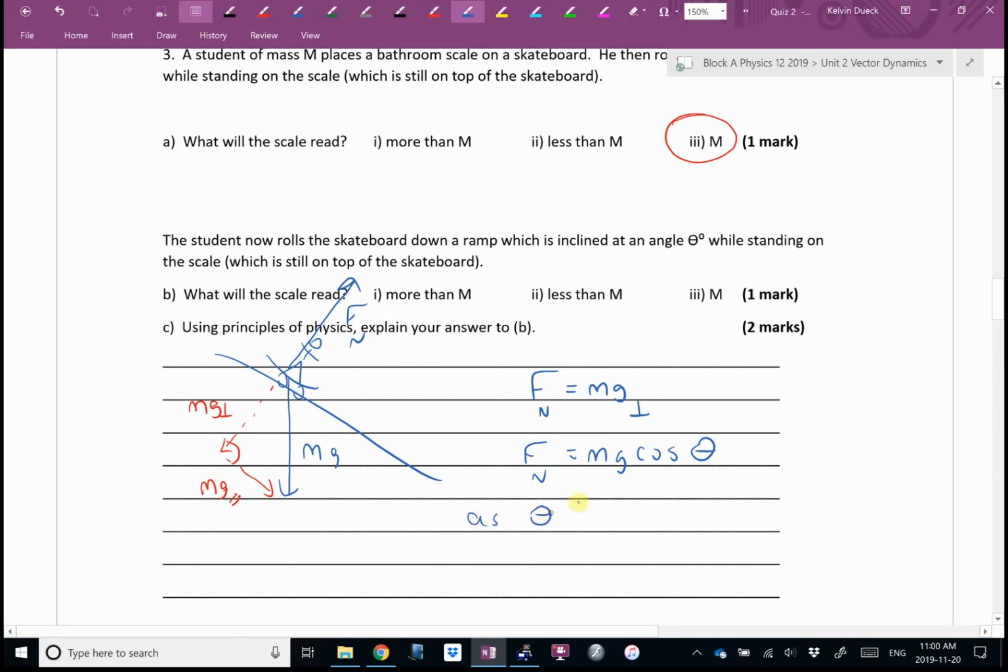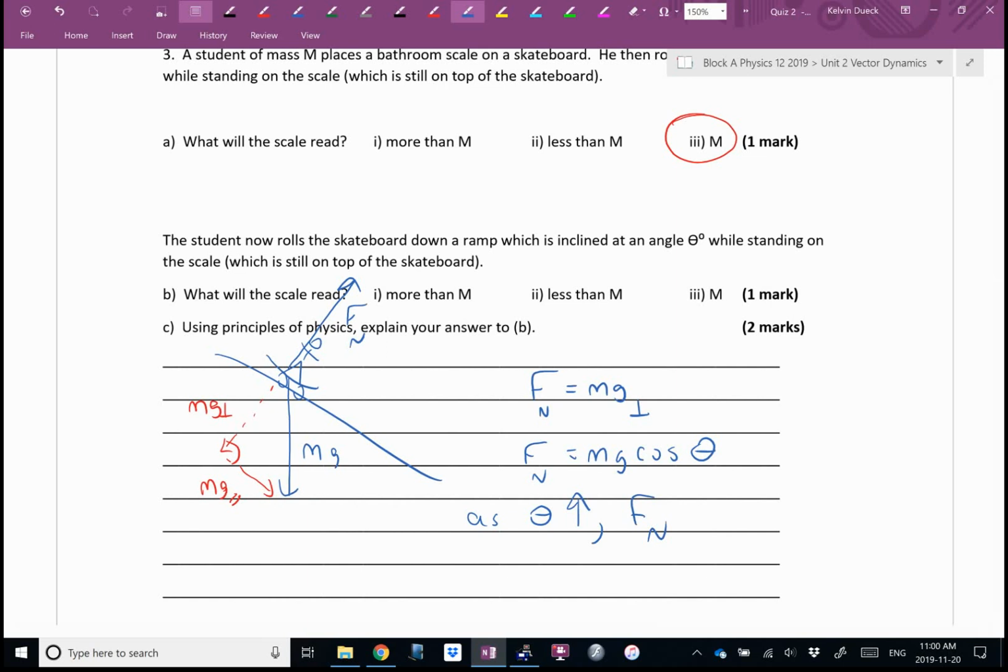As theta increases, what happens to the normal force? Why? How could I convince myself? Let's look at the extremes. In part A, when theta was 0, what was the normal force equal to? mg. What if we hit 90 degrees?